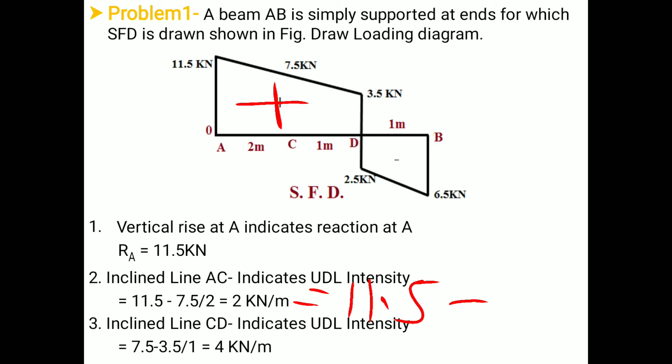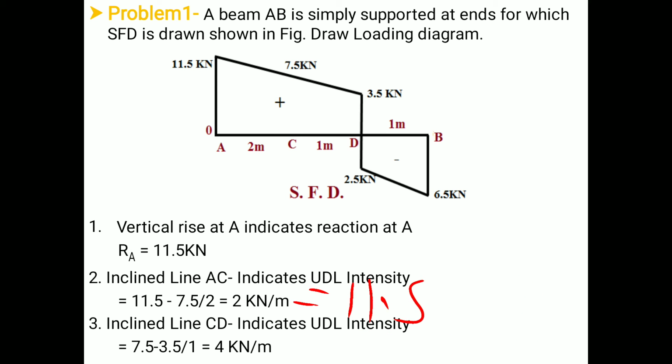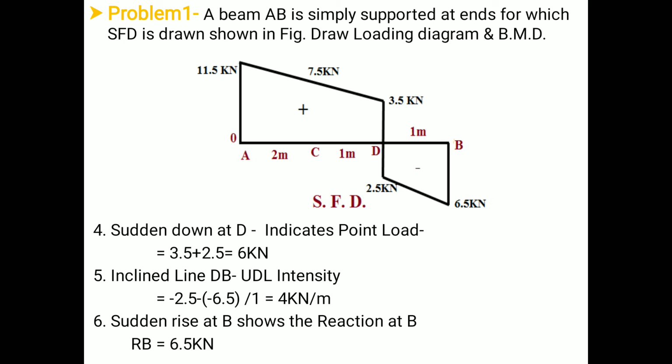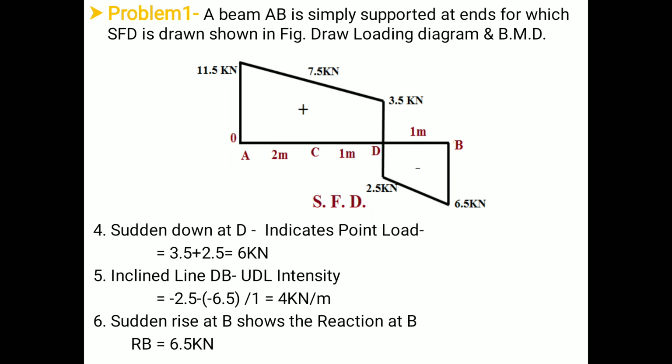Minus 7.5, sorry, we have to consider span AC, divided by 2 meters gives the loading intensity, 2 kilonewton per meter, acting over the span of AC, and at A we have reaction RA.